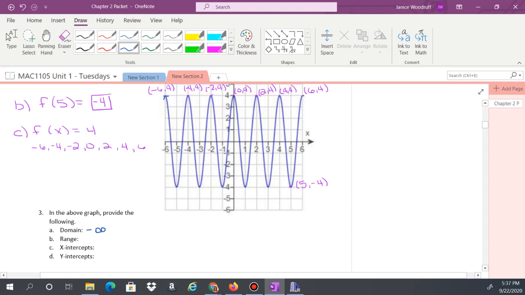Same thing on the right side: it goes off the graph, so it is an arrow, so that is going to be a positive infinity. Infinity will always get parentheses. So my domain is -infinity to infinity, which we can say in words is all real numbers.